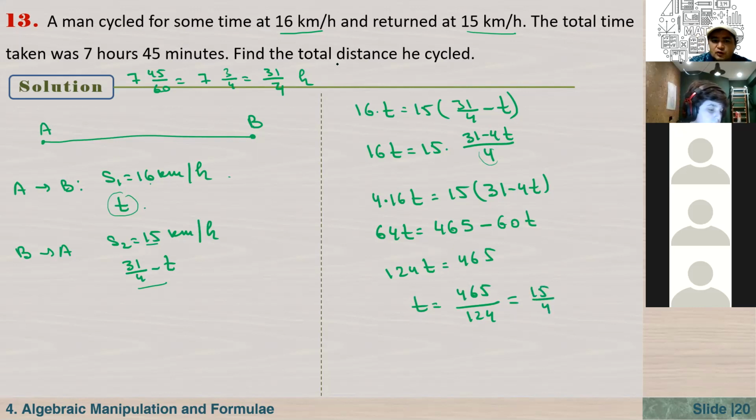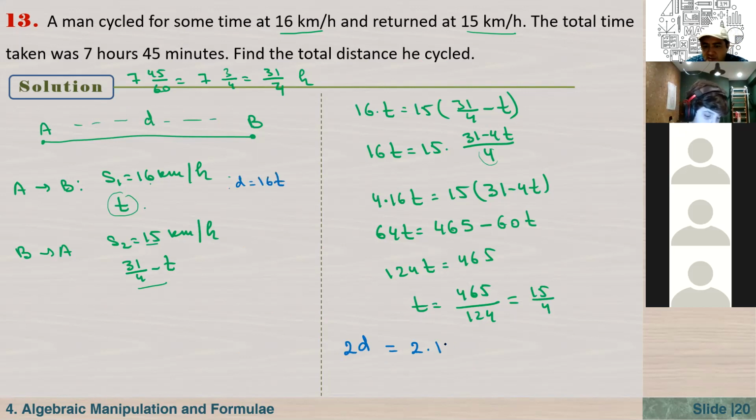What is the question? The total distance, right? If the distance between A and B is D, he just went from A to B, and after that he came back. So the total distance here is D plus D, that is 2D, equals 2 times, what is our D? Our D here is 16 times t.